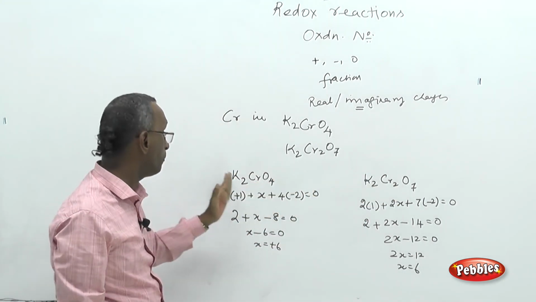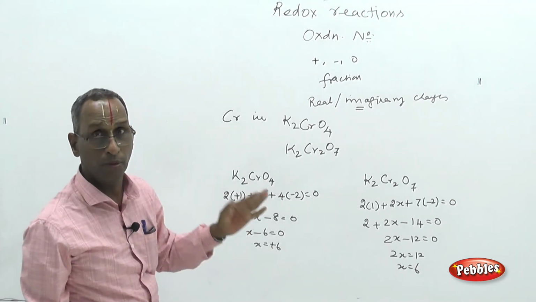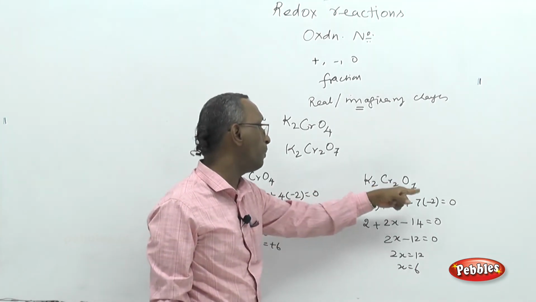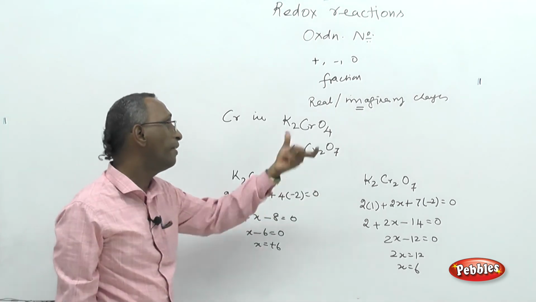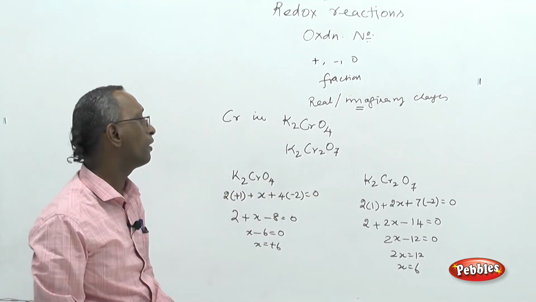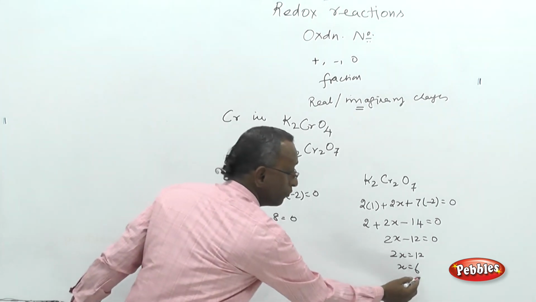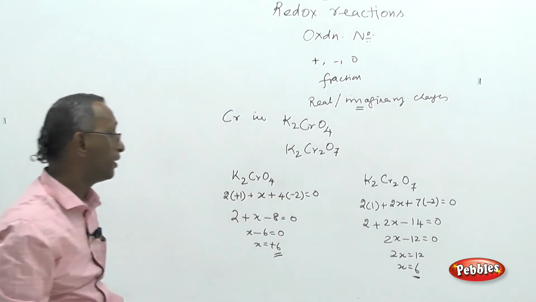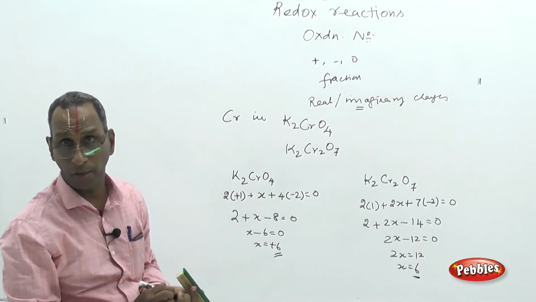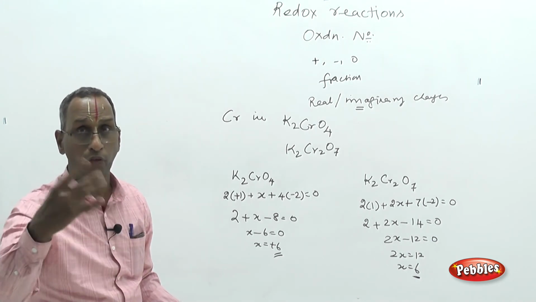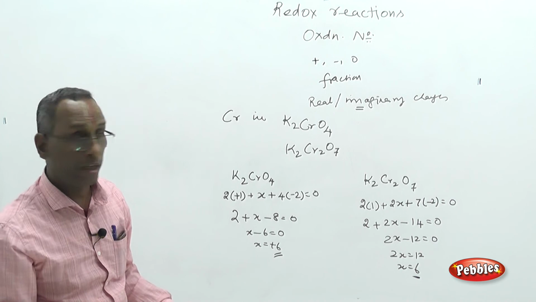Both are compounds of potassium, chromium and oxygen, but potassium dichromate is more powerful because of the excessive oxygen content, and also in any case the oxidation state is more than 5. For manganese we found it is 7, here it is 6. So an oxidation state of more than 4 to 5 means it is a very good oxidizing agent.